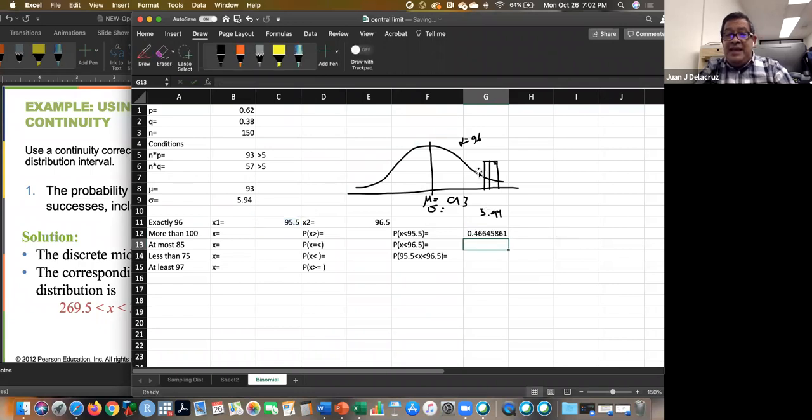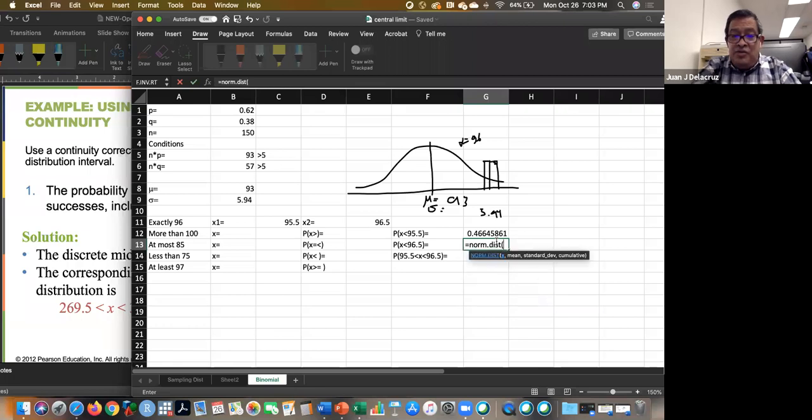So I have the area to the left, and then I'm gonna do the same norm.dist. I'm gonna use the second value, 95.6. I'm gonna use the mean, which is 96, and the standard deviation that is 5.94, and then also true.